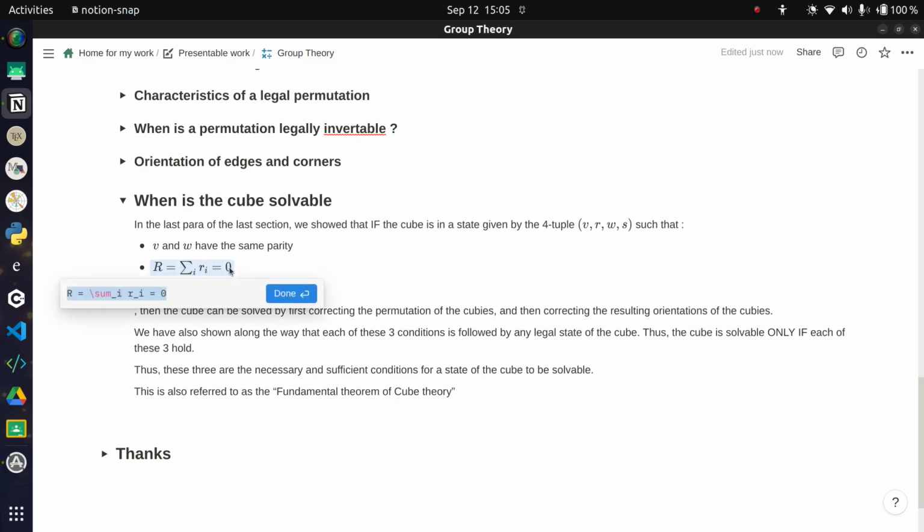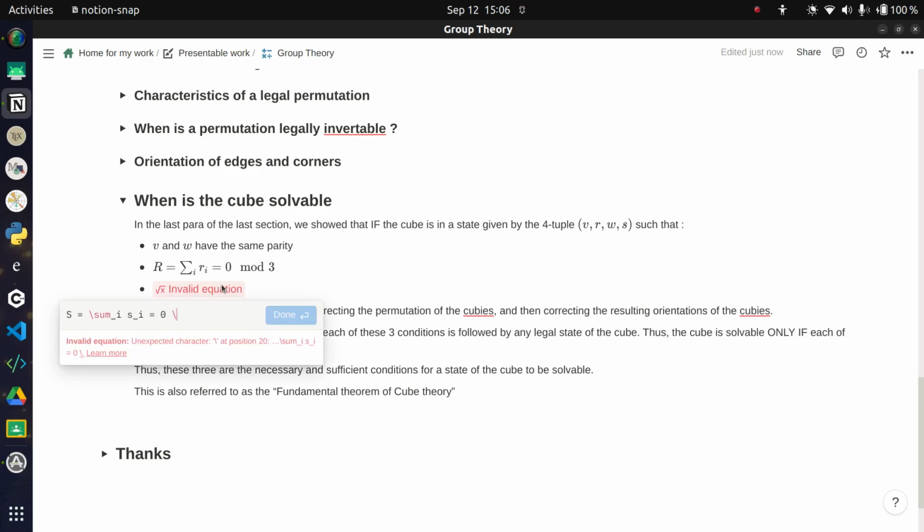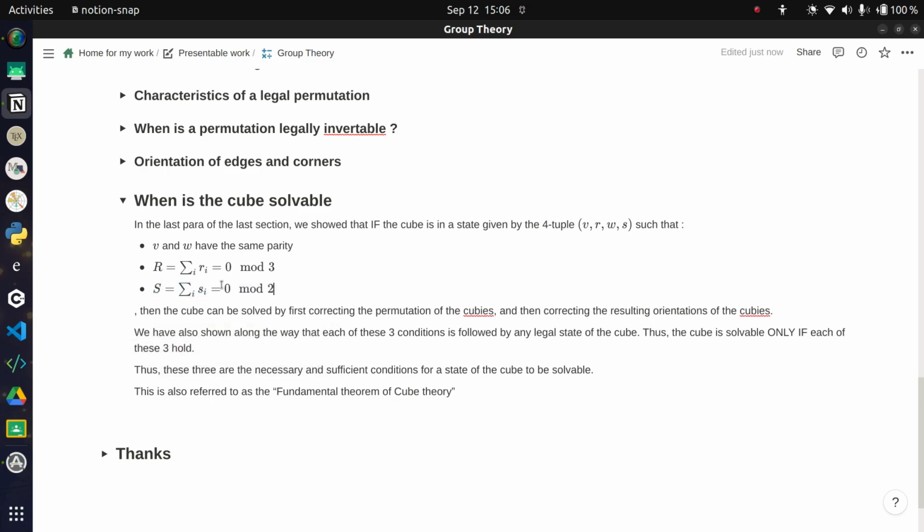I should put this over there, mod 3, I think. Well, this is R, so R is for the corners, and S is for the edges, and it should be congruences over there. I'll change that some other day, right? So this is when the cube is solvable. Well, yeah, that's pretty much it.